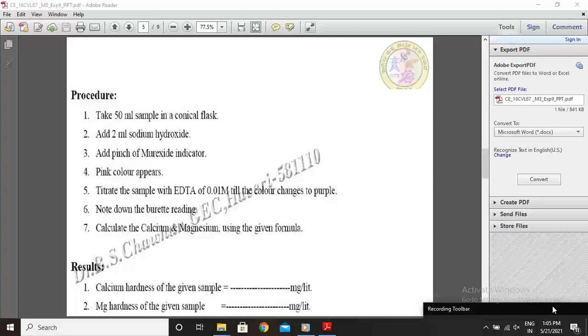After adding the Murexide indicator, pink color appears. Titrate the sample with EDTA of 0.01 molarity till the color changes to purple. Note down the burette reading. Now calculate calcium and magnesium using the given formula. Repeat 3 trials according to these steps and calculate calcium and magnesium of the given sample using the formula.